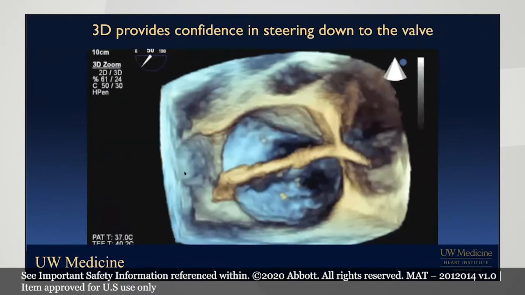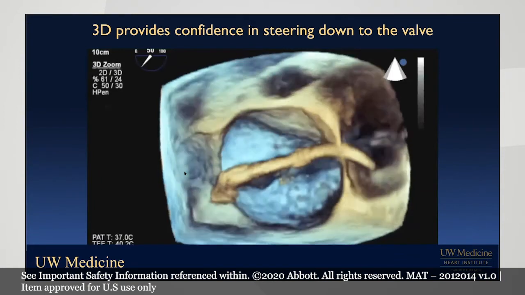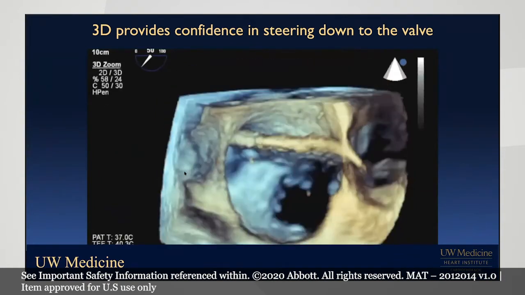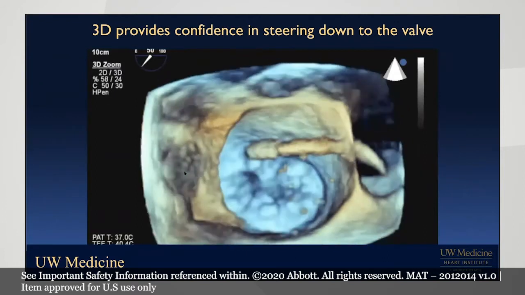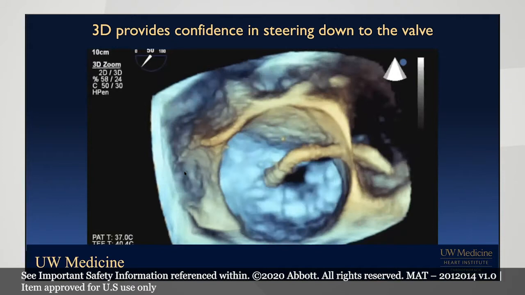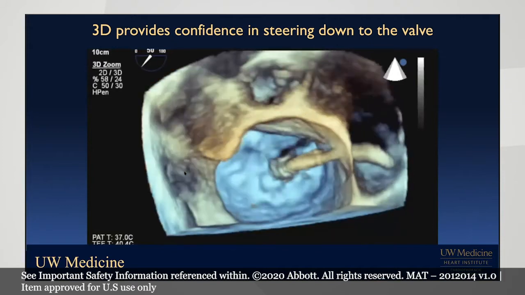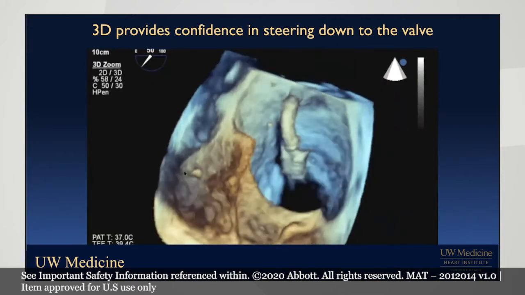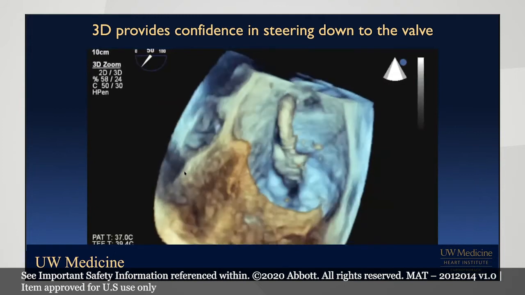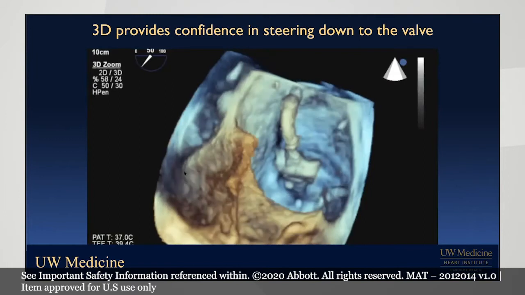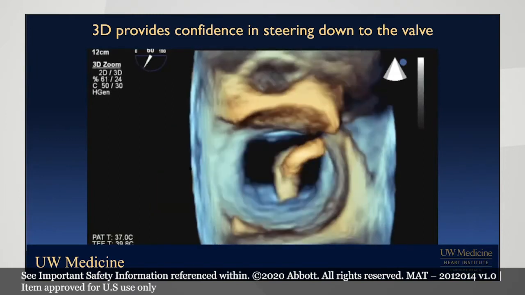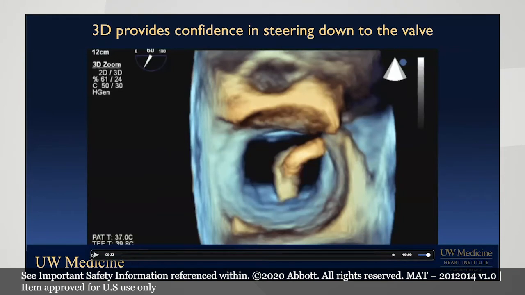Now, if you have the opportunity to get a big enough volume, you can follow the guide of the clip and the clip delivery system down to the valve in these steps, as you see here, navigating anatomic landmarks, such as on the left-hand side, as it replays here in a second, the left atrial appendage, the Coumadin ridge, and other structures that are important to navigate.